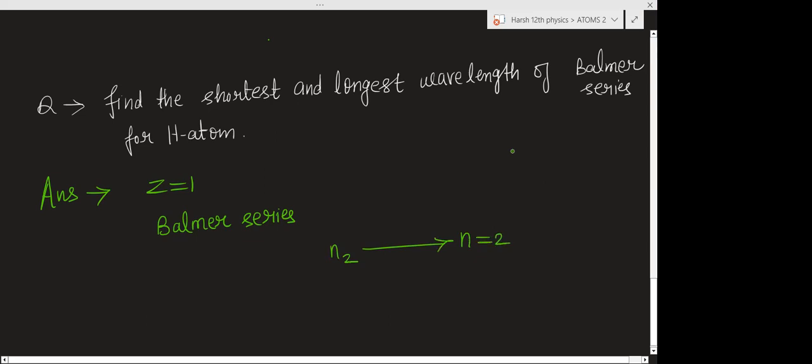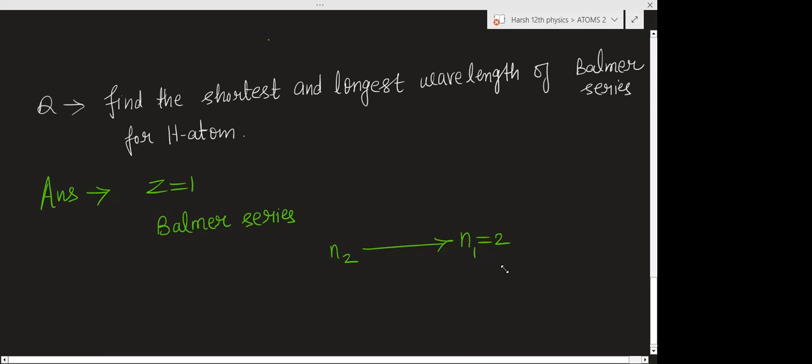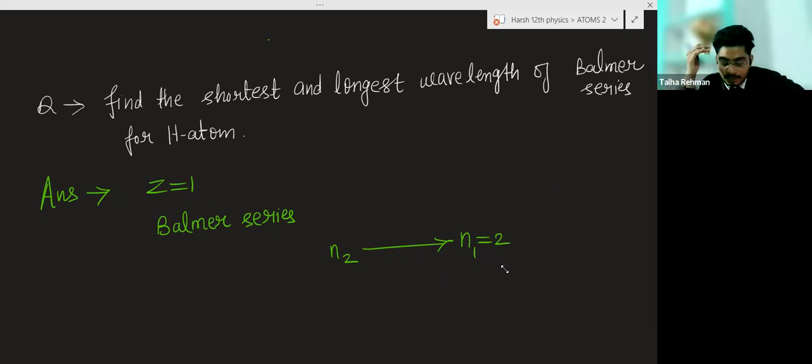Finally the electron should move to n equal to 2. For Lyman, the n1 value will be 1.